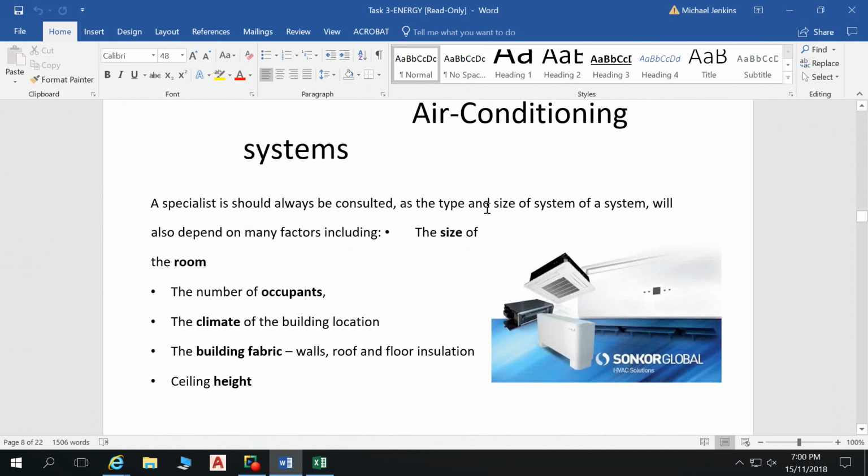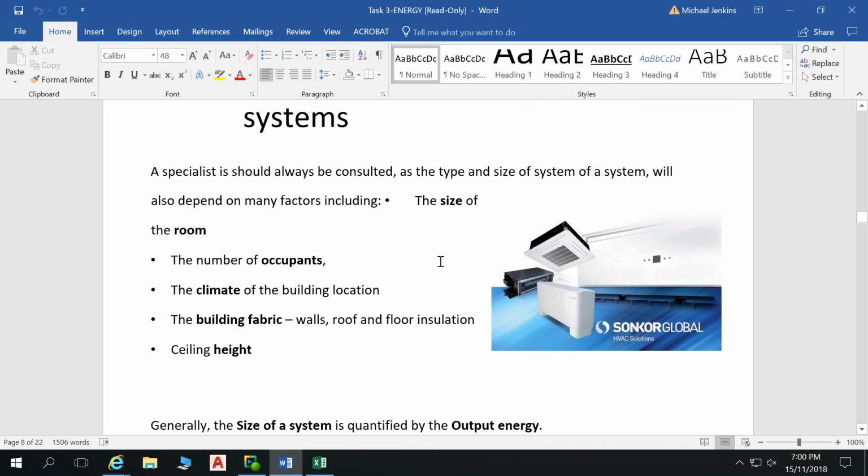Then the next thing is the air conditioning. As I mentioned before, the requirements for air conditioning systems are really quite complex. You've got things like the number of occupants, the climate and location, the building fabric, walls, roof, floor, insulation, ceiling height.